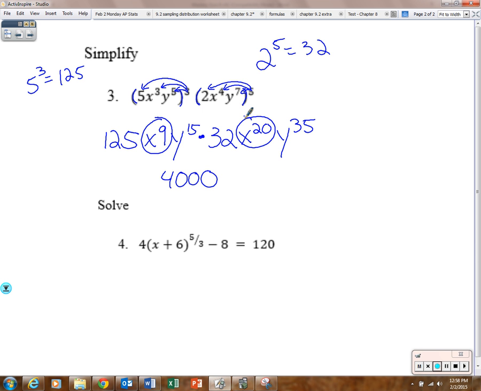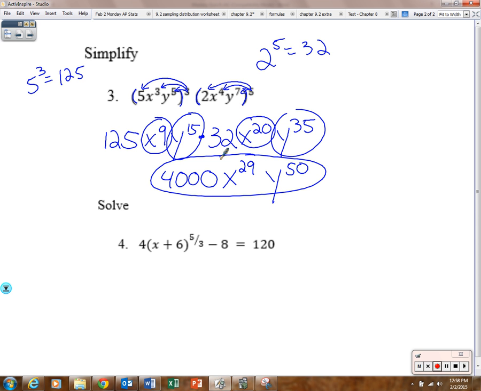I see a base of x and a base of x. That's where we add the exponents, so that's x to the 29th power. And the same thing with the y's. Y to the 15th, y to the 35th. 15 plus 35 gives us 50. So that becomes y to the 50th power.